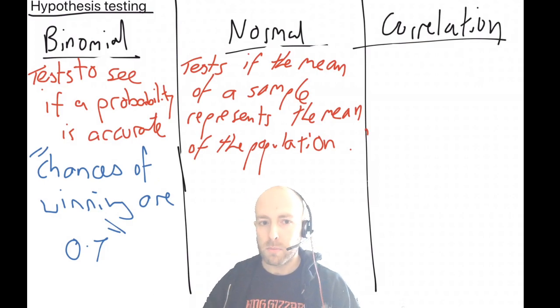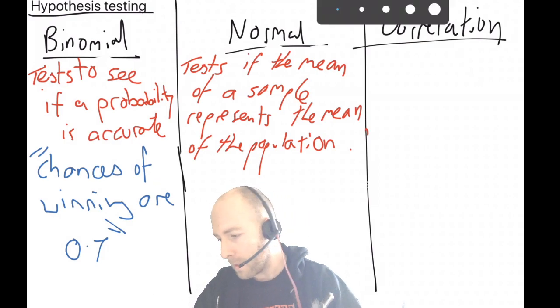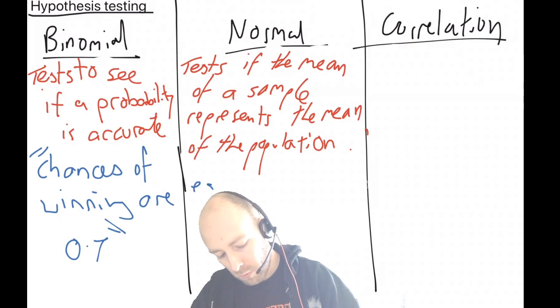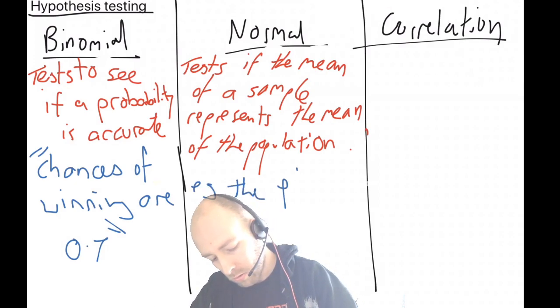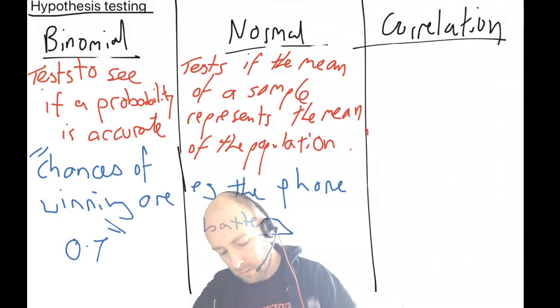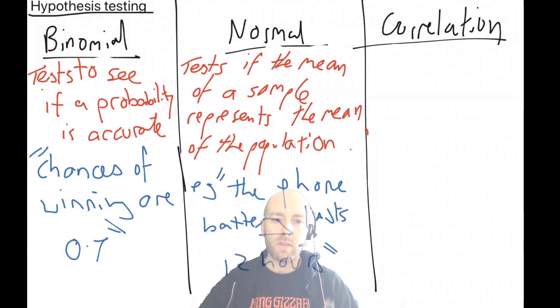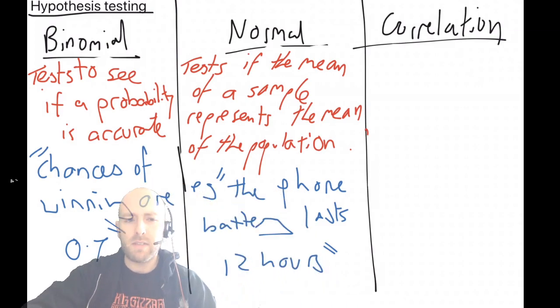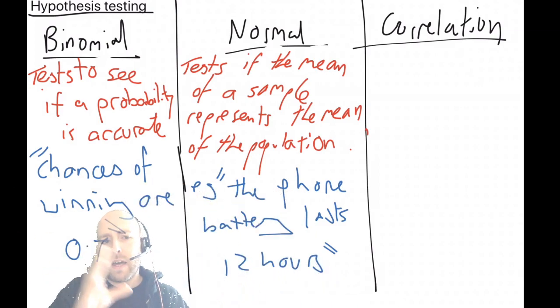So for an example you might have with this one, and we'll look at a question on this in a minute, is e.g. the phone battery lasts 12 hours. So when you buy a phone, they might tell you, the battery life is 11 hours, 12 hours. That has come from a mean.